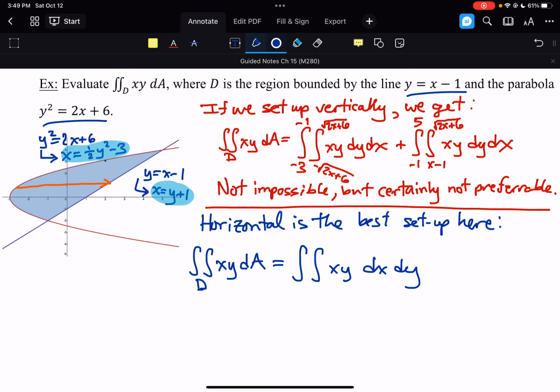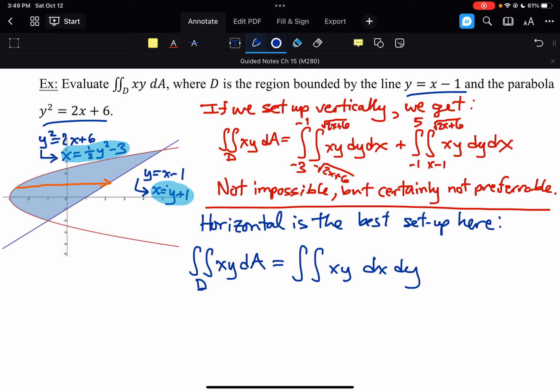As we go from left to right, we go parabola up to line. So this is going to be 1/2 y squared minus 3 on the bottom and y plus 1 on the top. And then those are the x values.